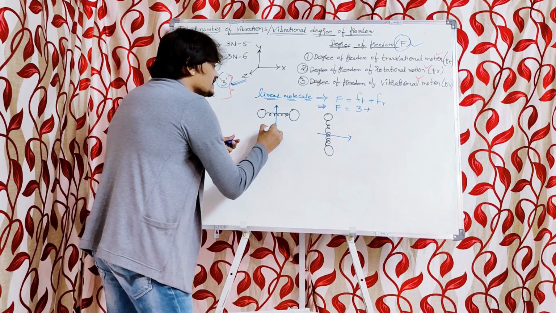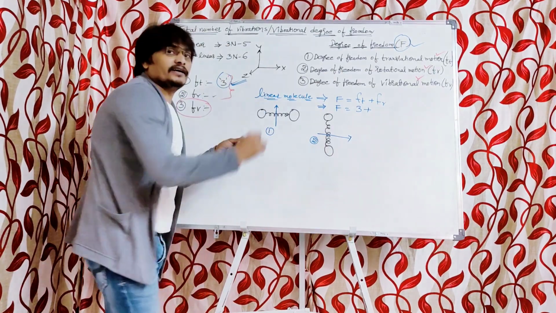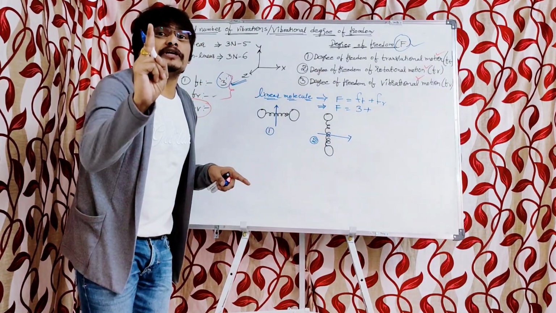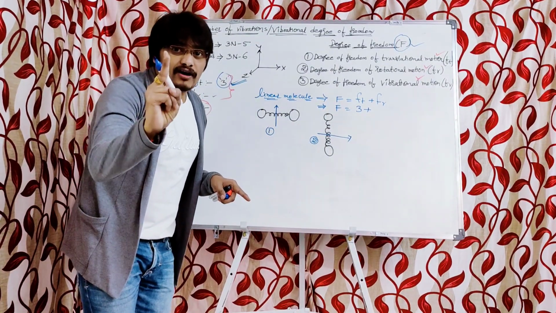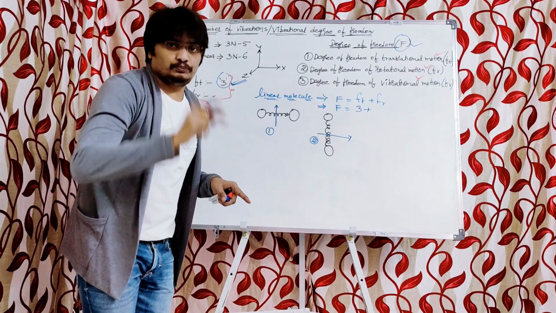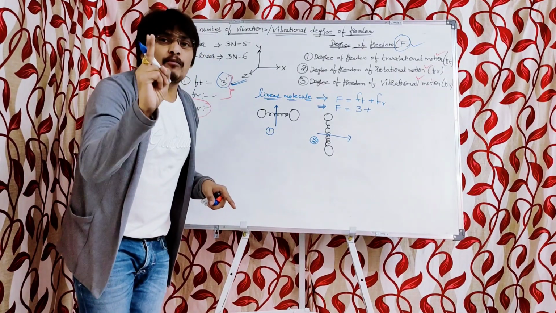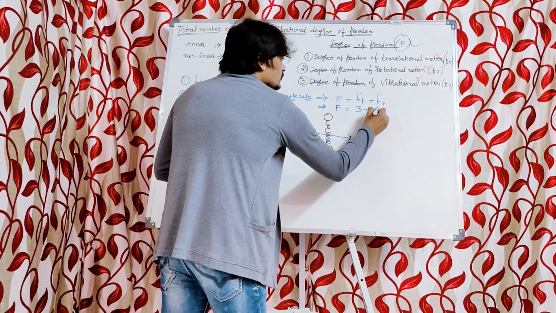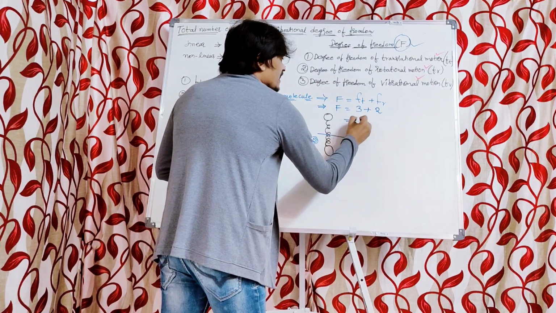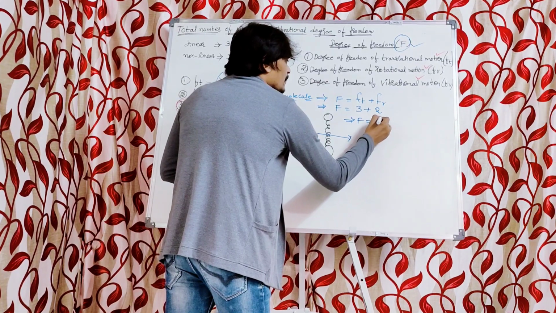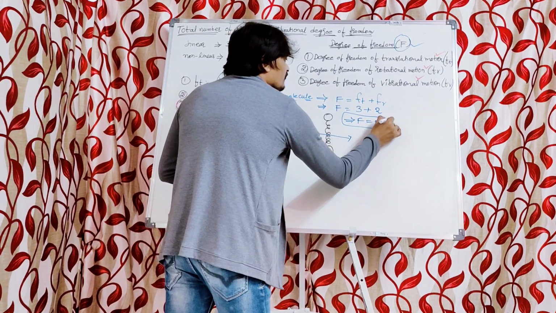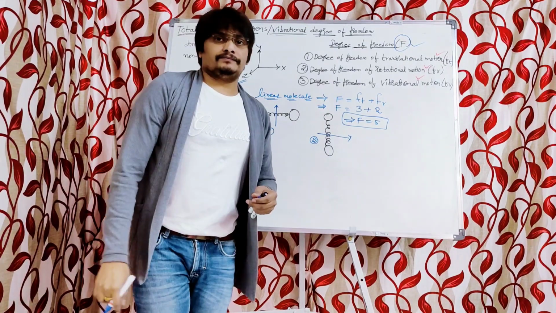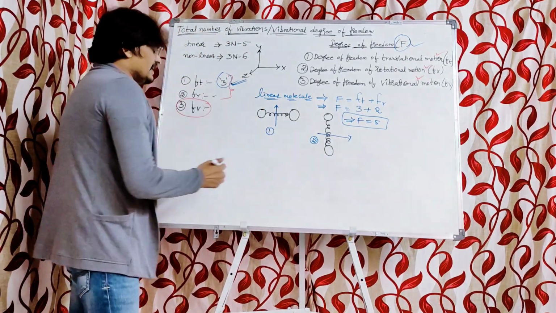This is the first direction, this is the second direction. So Fr for a linear molecule is 2. Accordingly, F equals 5. So the number of degrees of freedom for a linear molecule is 5. This is for the linear molecule.